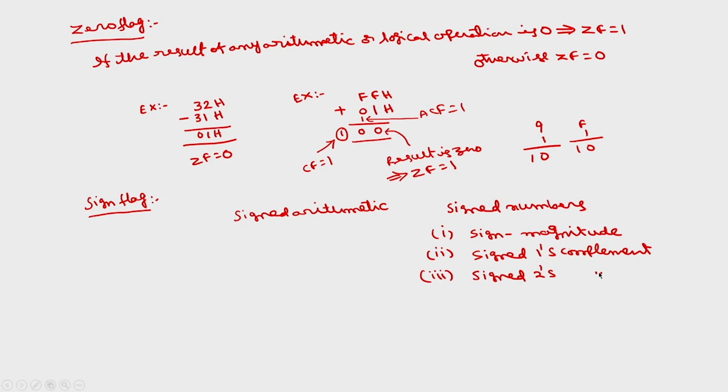But in 8086, the signed twos complement will be used, because there are some advantages of the signed twos complement representation. If you add a group of numbers, and the final result is within the limit, then you can neglect intermediate overflows.